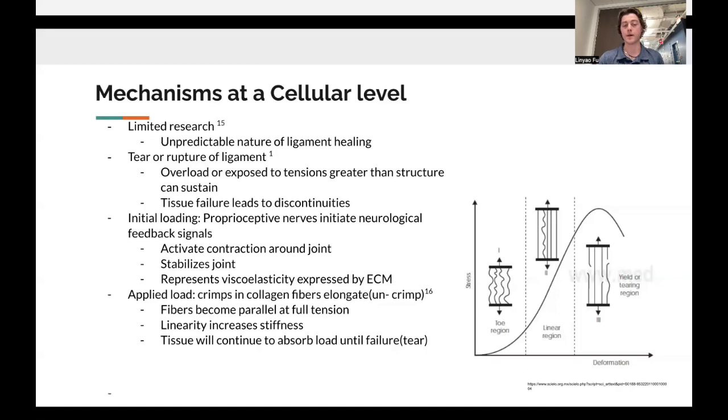And this allows them to just keep gaining more and more load. And eventually, as the tension increases, whether this be trauma or an applied load, eventually they will become parallel. And as this linearity increases, the stiffness will also increase. And the tissue will continue to absorb until eventually you have failure or complete tear of a tissue.